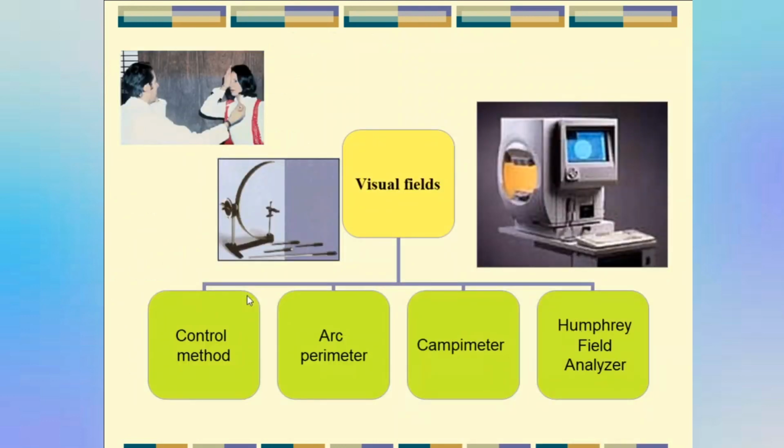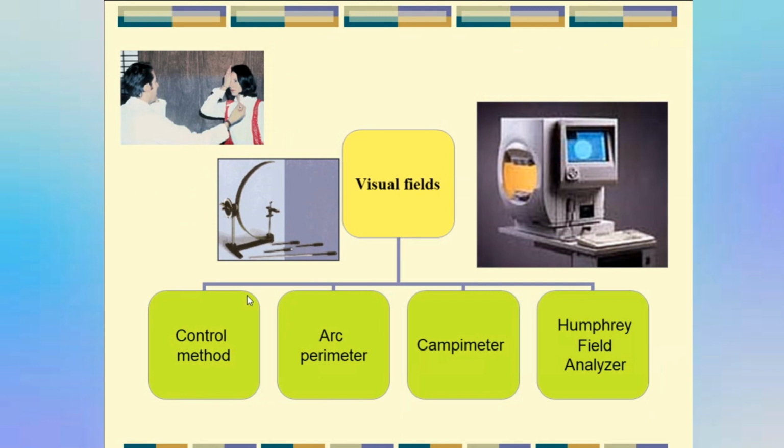Okay, we should also check the visual fields in a patient with suspected glaucoma. We have already mentioned that visual field defects very often appear in a patient with glaucoma. There is a control method where we compare the patient's visual field with the doctor's visual field, but it's a very simple and rather old method.